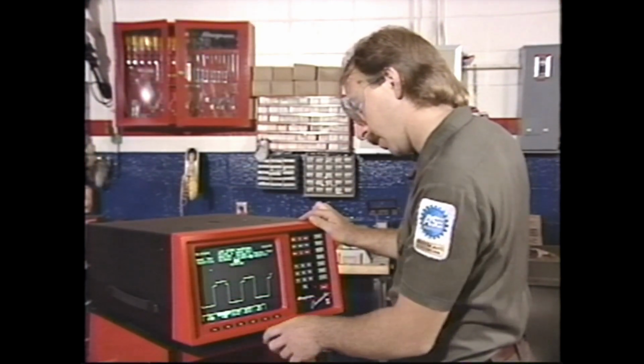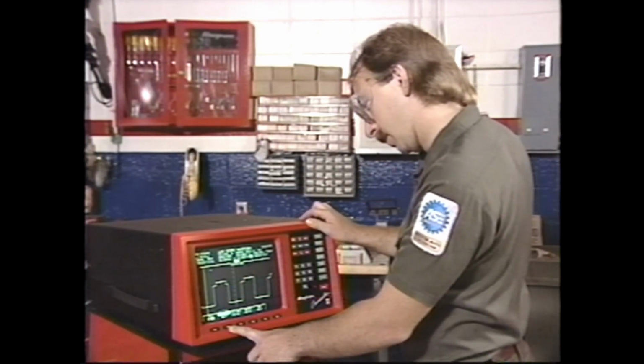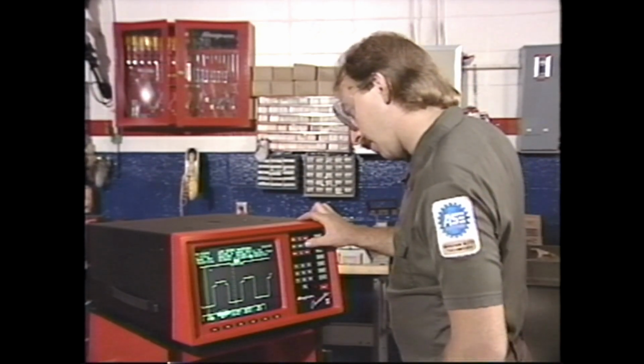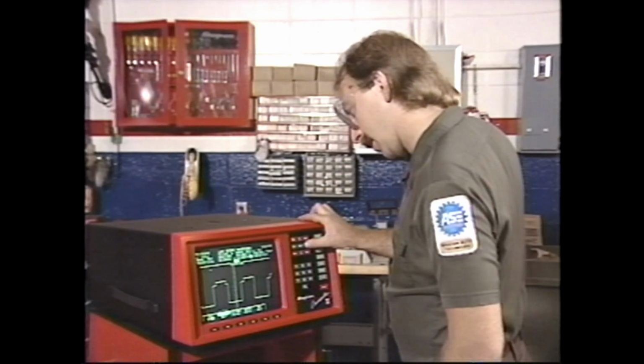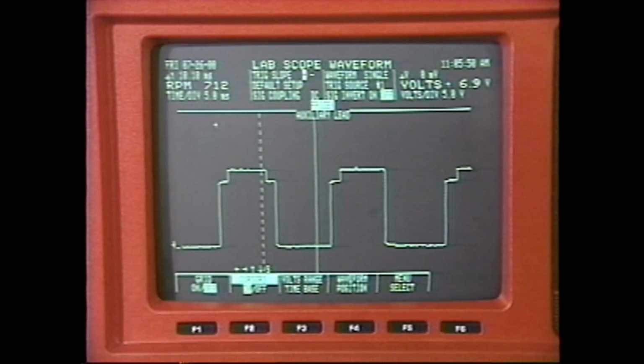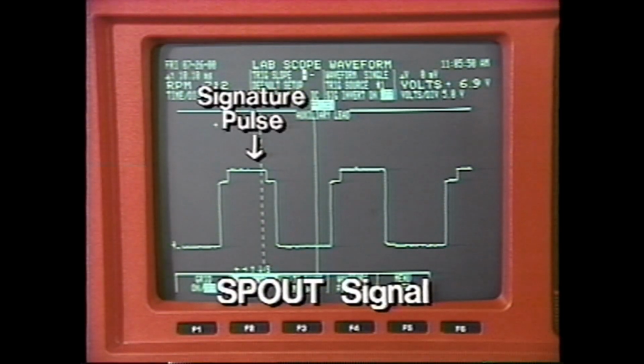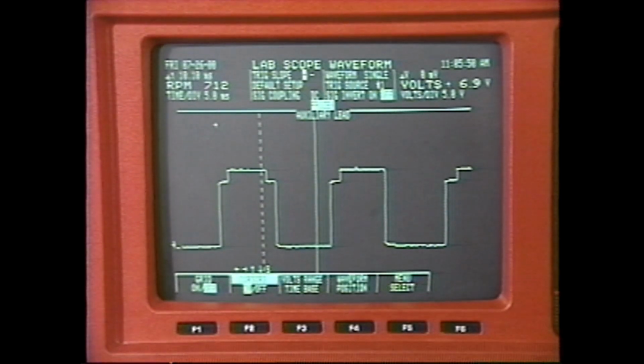In this second test pattern, we want to check the two components of an engine computer signal that control ignition timing and provide input for fuel delivery calculations. Again, we'll synchronize the signals with the firing of cylinder number 1. This waveform is really two signals that are combined.